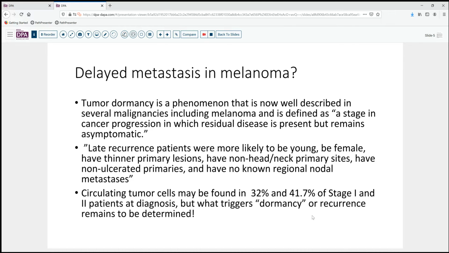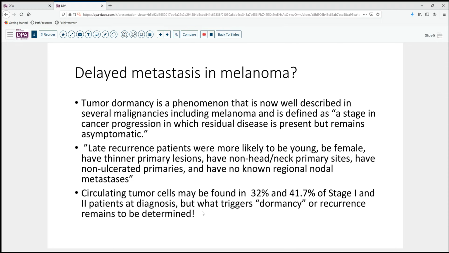It seems most likely postulated that it's a combination of both host and tumor factors. We know that melanoma is one of those tumors that's notorious for immunologic control, and that's, of course, the foundation for some of the current targeted therapies in this situation.